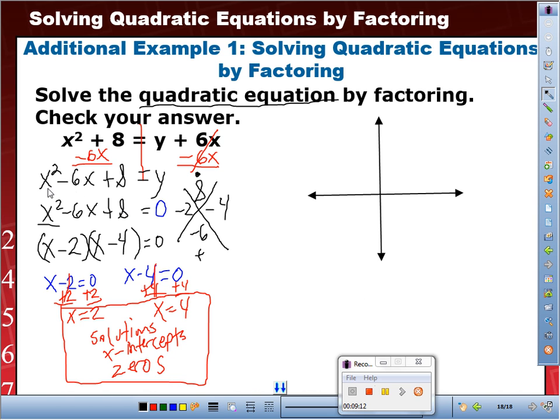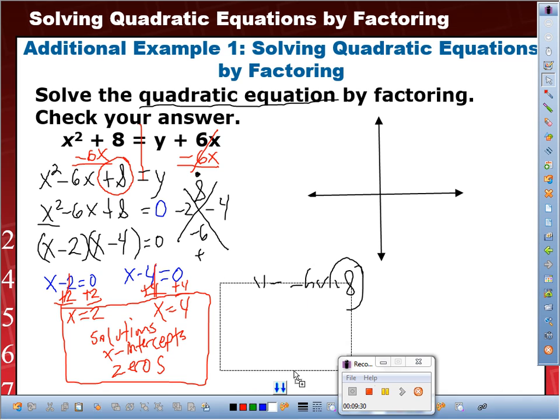Look at it. What would be my y-intercept? My y-intercept is 8, the constant. Let me show you again. For those of you that missed it, here it goes. If I gave you this equation, what was my y-intercept? 8.